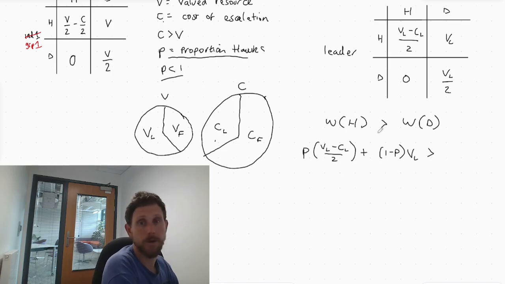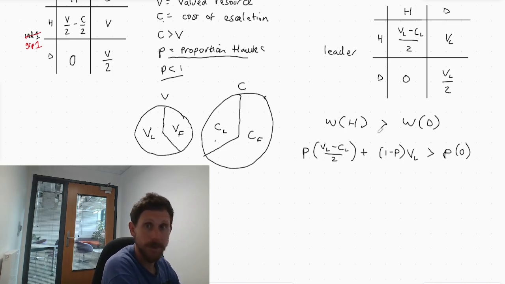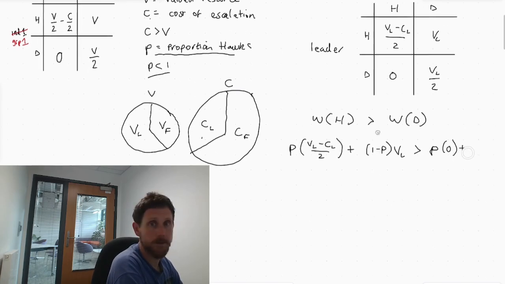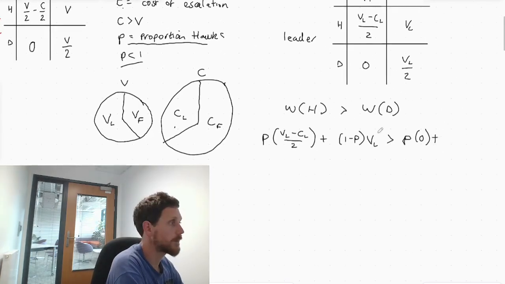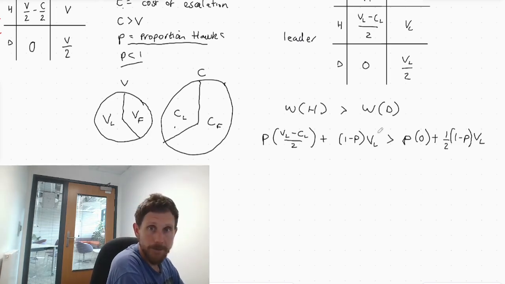And fitness for a leader playing dove, well, P proportion of the time they meet a hawk. They get nothing. And then the rest of the time, they are just meeting a dove, and they get VL over 2. But what I'm going to do is, I could write over 2 here at the bottom, but I'm going to move it to the left here.